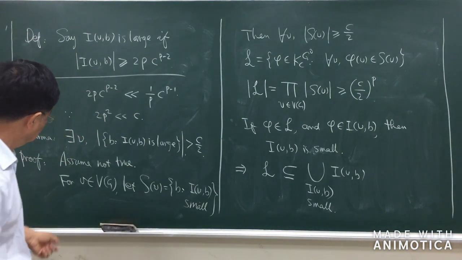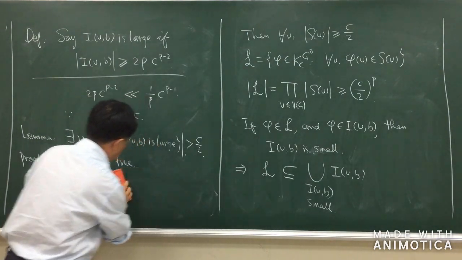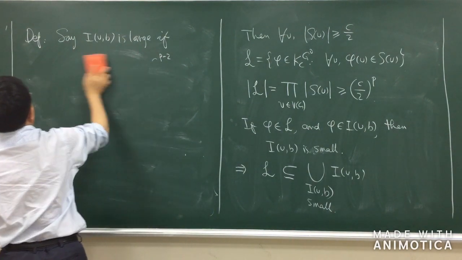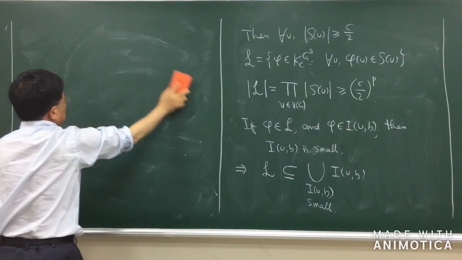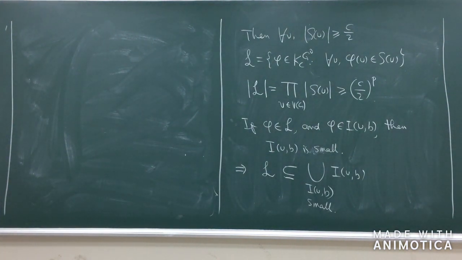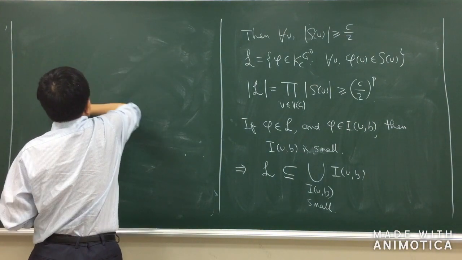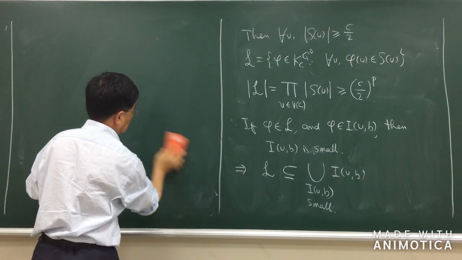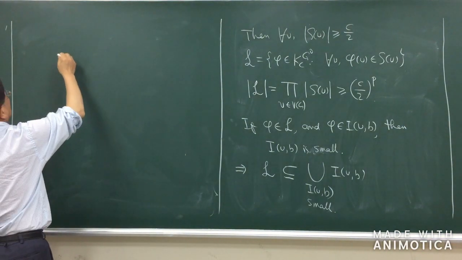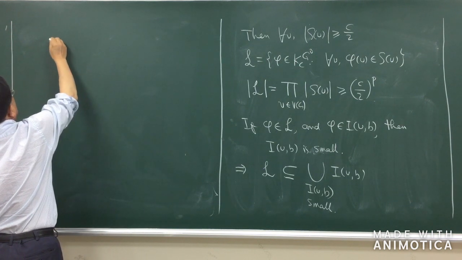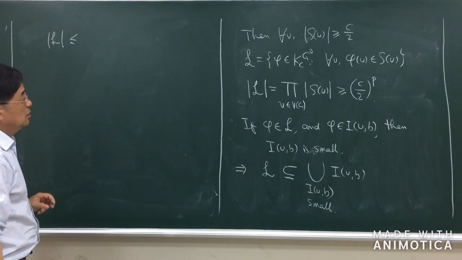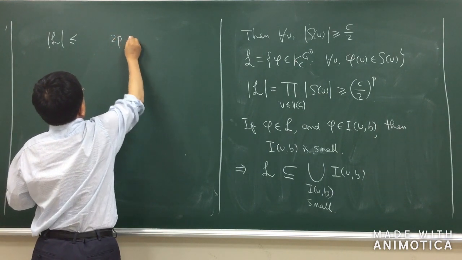But then what is the size of the small ones? Because it's small by definition, the small ones have size less than 2P times C to the P minus 2.